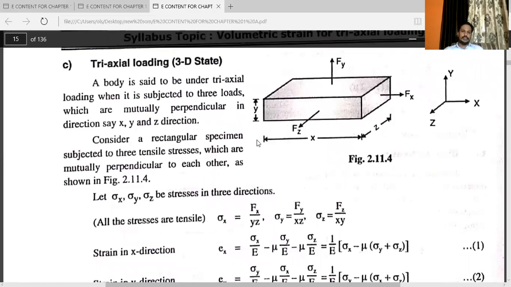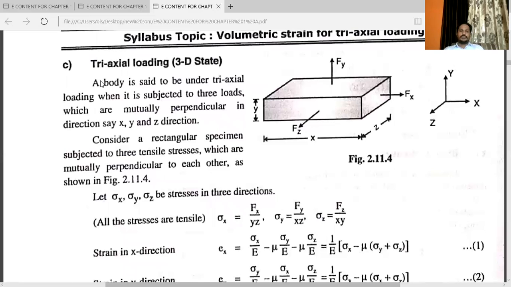So we know that triaxial loading is shown in the diagram in the 3D state. The body is said to be under triaxial loading when it is subjected to three loads which are mutually perpendicular, in the X, Y, and Z directions.